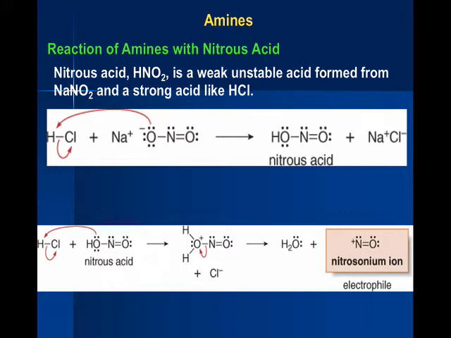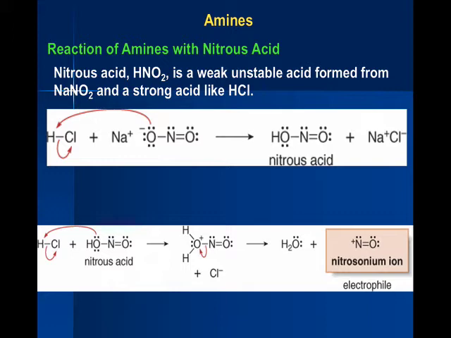Nitrous acid will continue to react with the hydrochloric acid that's present, so the OH gets protonated. Okay, this now becomes a good leaving group, and then water can leave, and you get what's called the nitrosonium ion. The nitrogen is positively charged, and since it's positively charged, it makes a good electrophile.